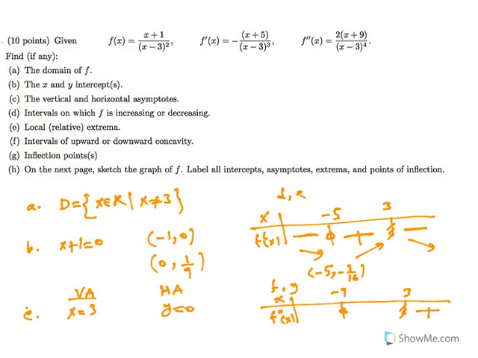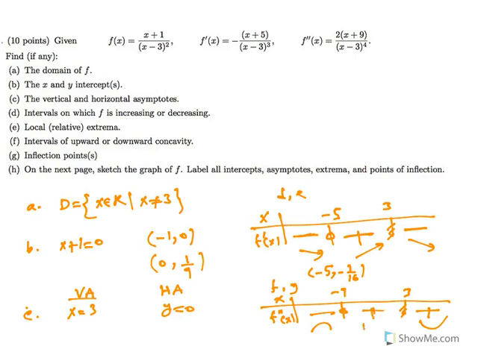And less than 3, between negative 9 and 3, negative, and before negative 9, negative. So concave down, and concave up. So the function is concave down before negative 9, concave up after negative 9. It should be fixed here.